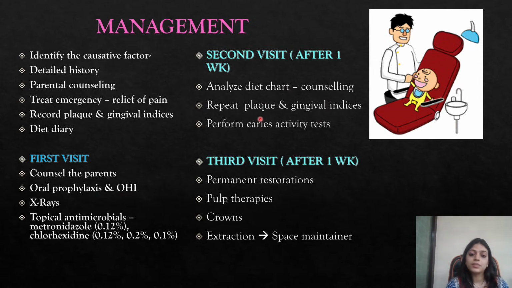These tests help us in assessing the risk of development of caries. Third visit: permanent restorations, pulp therapies followed by crowns, extractions followed by space maintenance. So all the endodontic and prosthetic part or rehabilitation comes in the third visit.